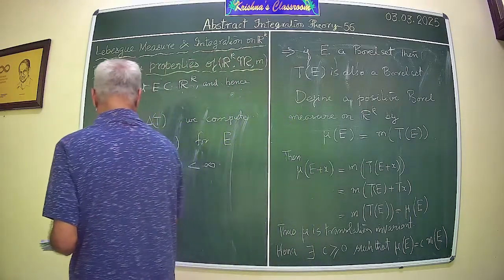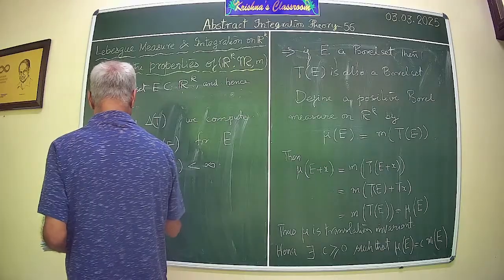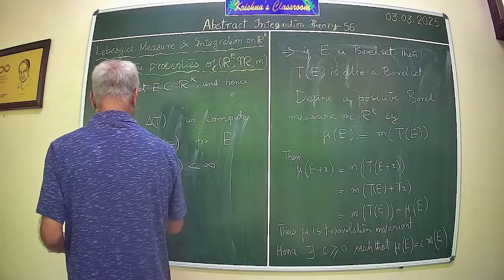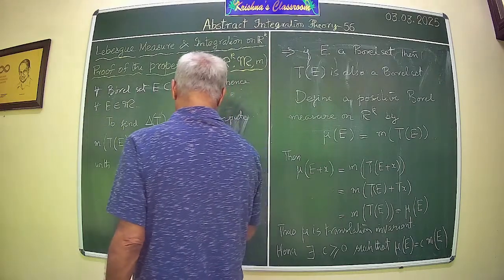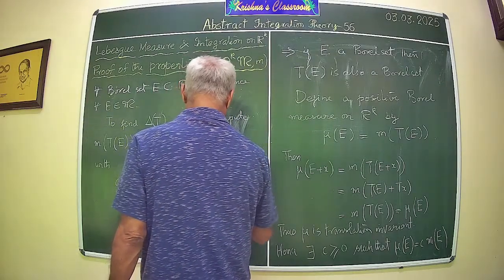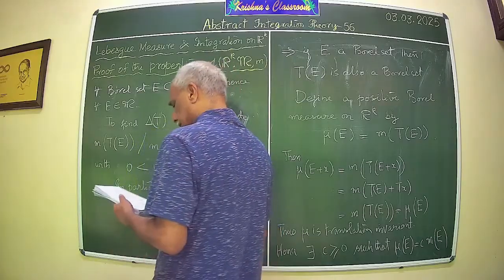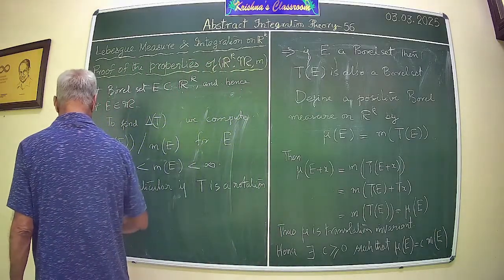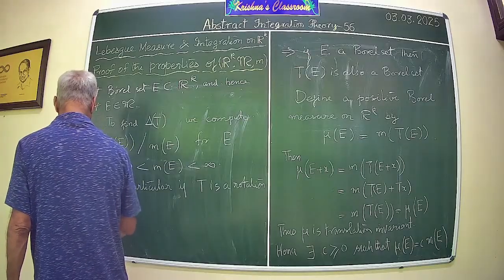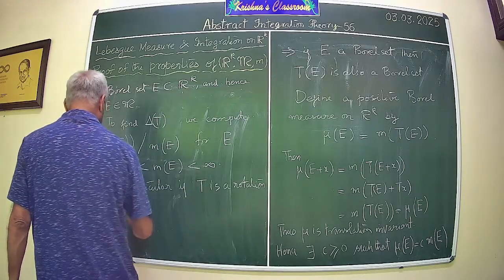In particular, if T is a rotation, it's a linear transformation. Let E be the unit ball.